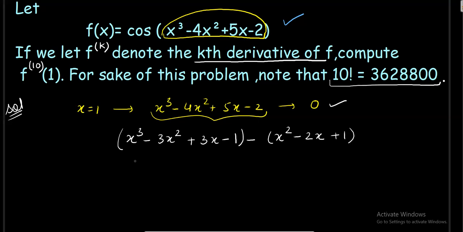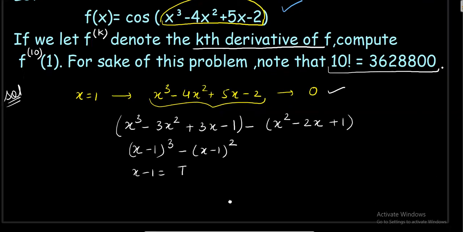Now you can see that the cubic which was given in the question can also be written purely in terms of x minus 1. I'm going to rewrite the question by using a substitution: x minus 1 equals t. So let's rewrite the function f of x.